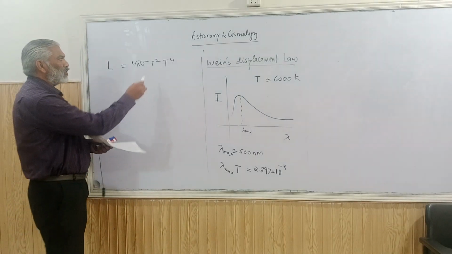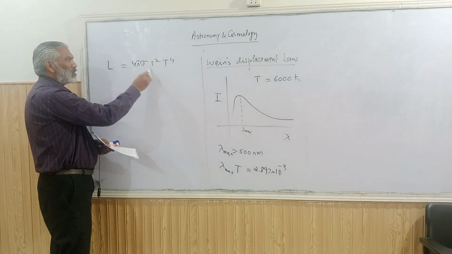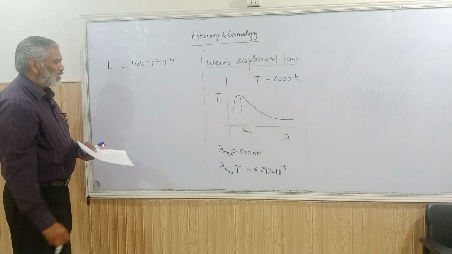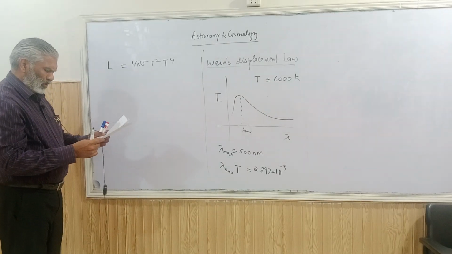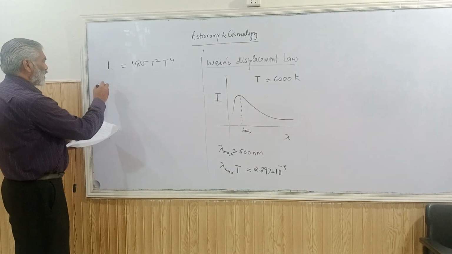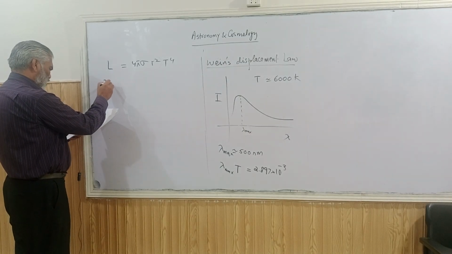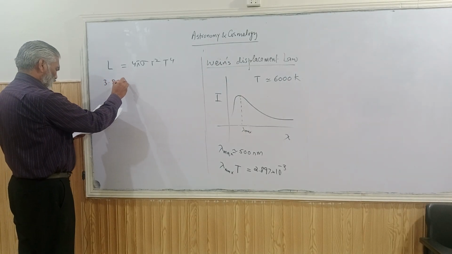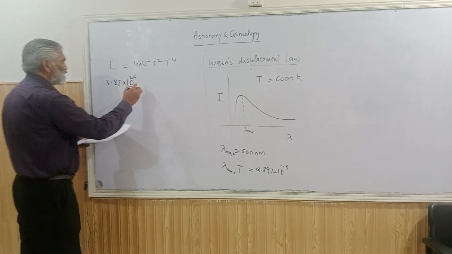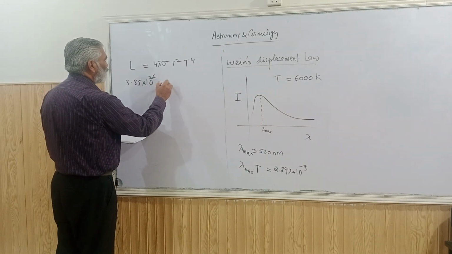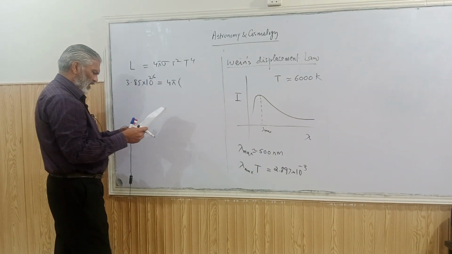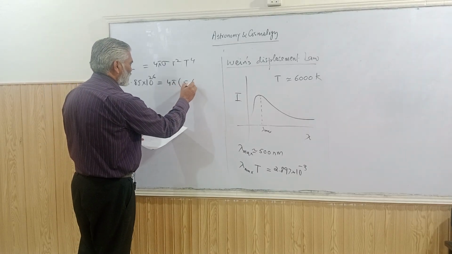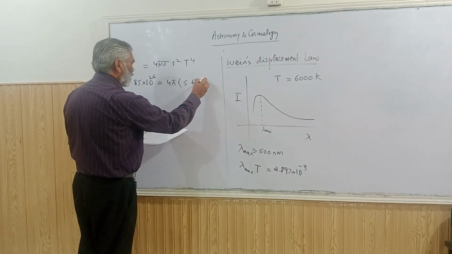Suppose I want to know the size of the sun now. For this I need to know the luminosity of the sun, which is 3.85 into 10 raised to power 26. This is equal to 4 pi, and sigma is a constant which has value 5.6 into 10 raised to power minus 8.